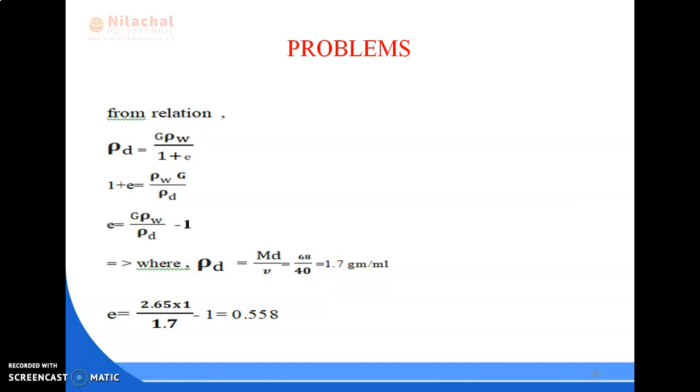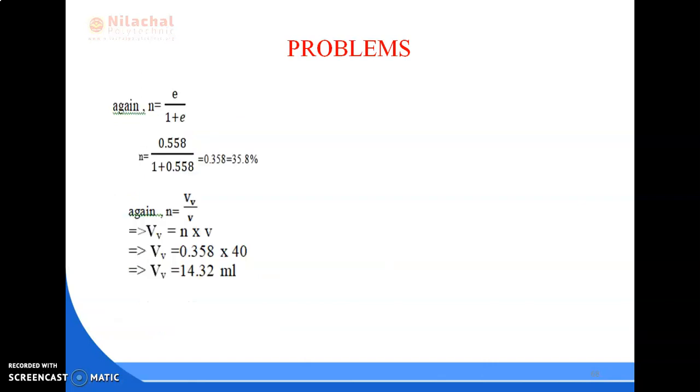After putting this rho D value here, we can calculate the value of void ratio. So e equal to G, given in the question, 2.65 into 1 gram per centimeter cube, this value is fixed, divided by rho D value 1.7 gram per ml, minus 1, equal to, our answer is 0.558. This is the value of e, which is unitless.